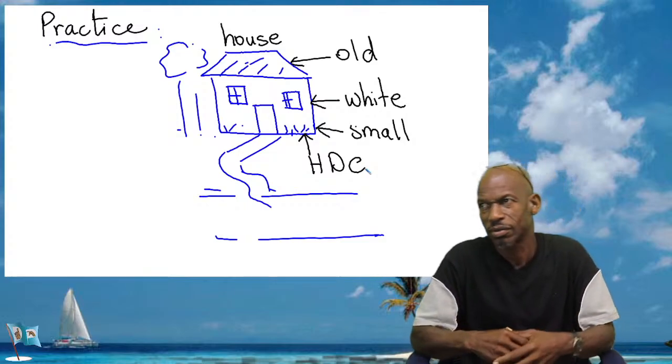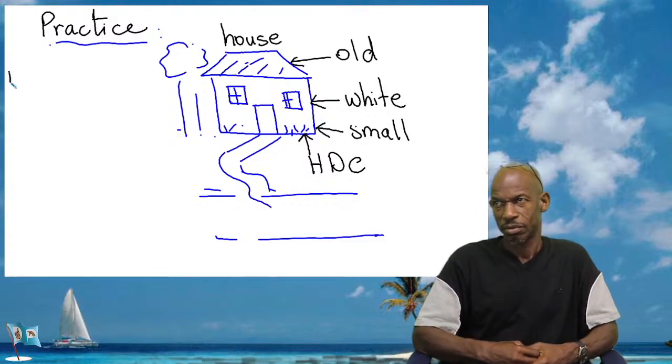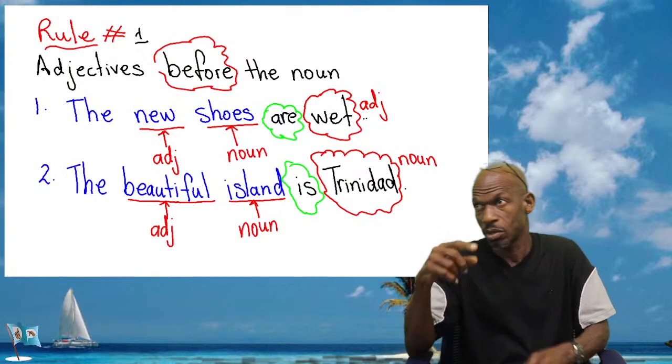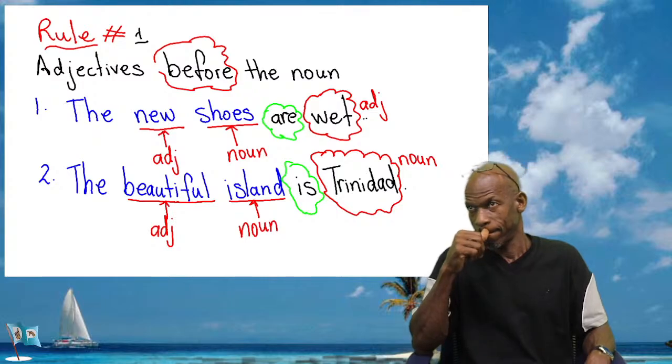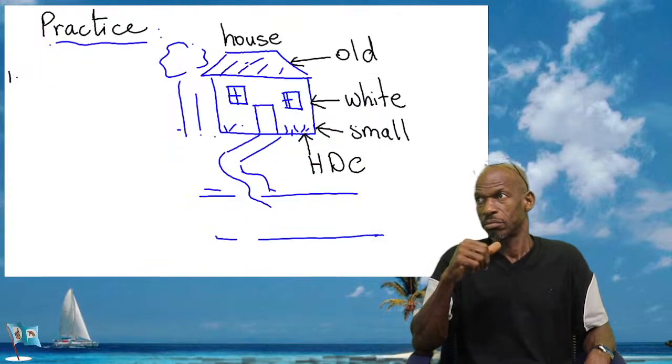So my sentences now. We're going number 1. And we're looking at the rule that we learned before. Adjectives come before the noun. So the noun is house.